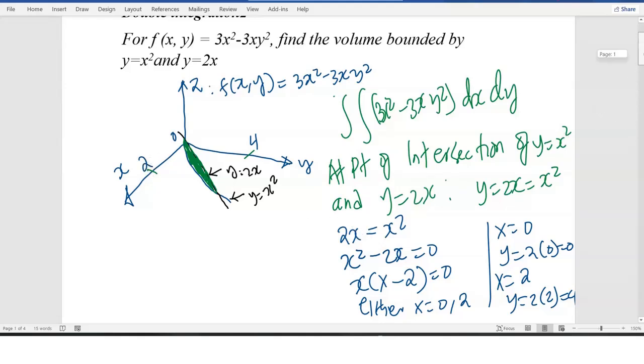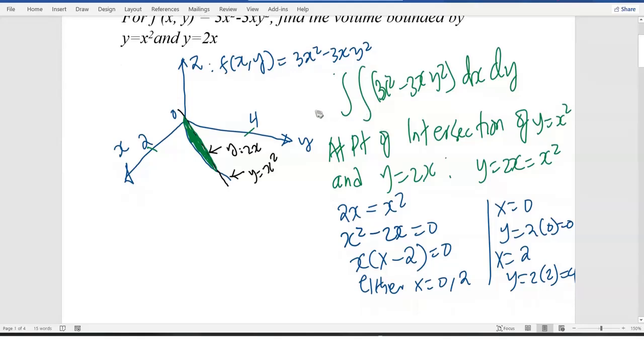So now let's proceed and see. If we integrate, what is inside here is the x, so the limits we put here are going to be those of x, 0 to 2, and this one is going to be 0 to 4.